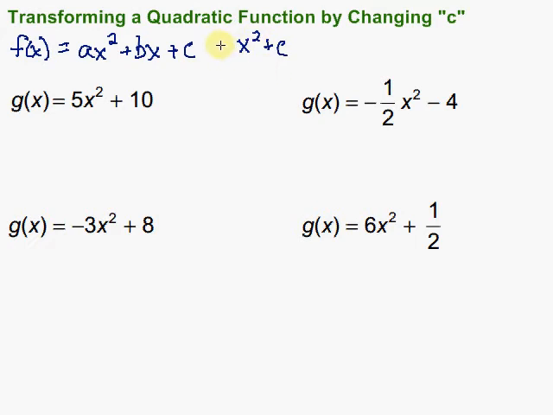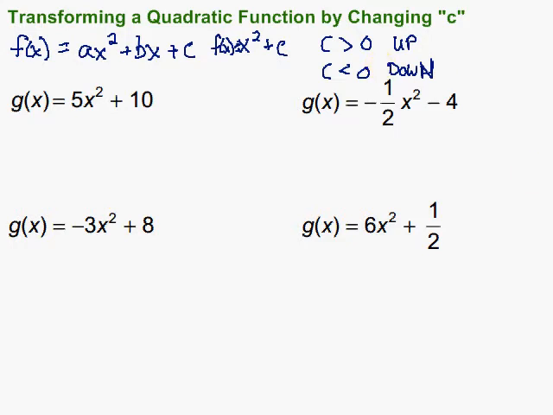If c is greater than 0, the vertex of that graph is going to be moved up that number of units. So if it's 5, for example, then it's going to be moved up 5. If the c value is less than 0, we're going to be moved down that many units. So, for example, if it's -3, that means we're going down 3.